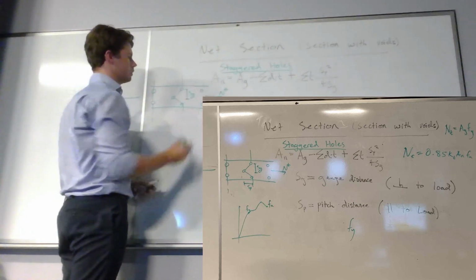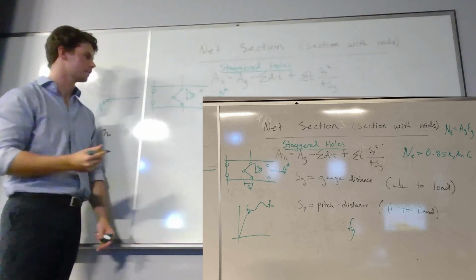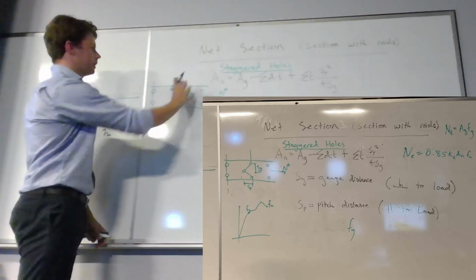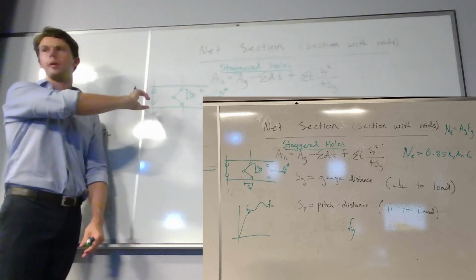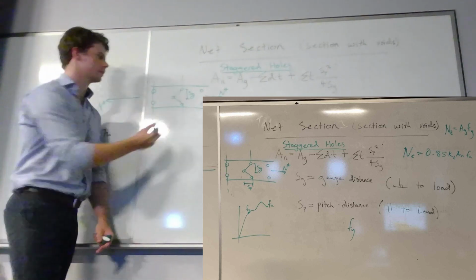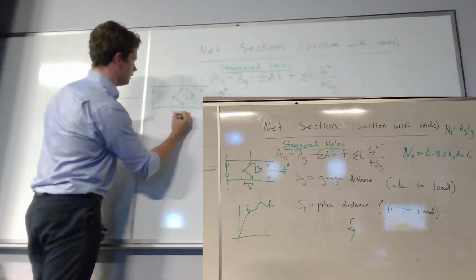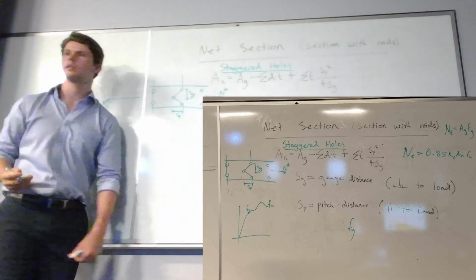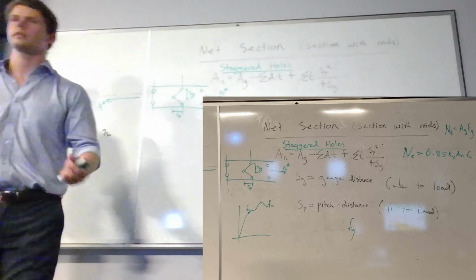That's the perpendicular distance between those bolt holes. Does that make sense? Cool. And that one just there, that's your SP. And that's how you calculate your AN.